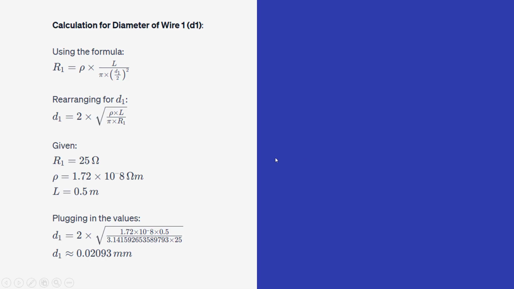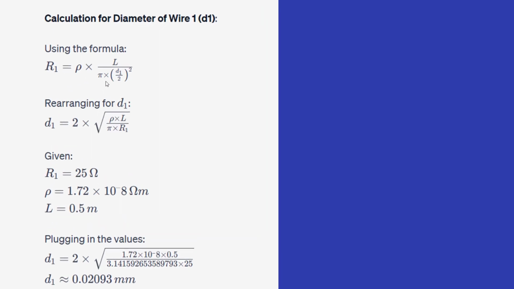Step 2. I am using the formula R1 equals rho into L divided by pi into D1 divided by 2 whole square. This is the resistance of wire 1 formula. If I take D1 outside, the formula becomes D1 equals 2 into square root of rho into L divided by pi into R1.